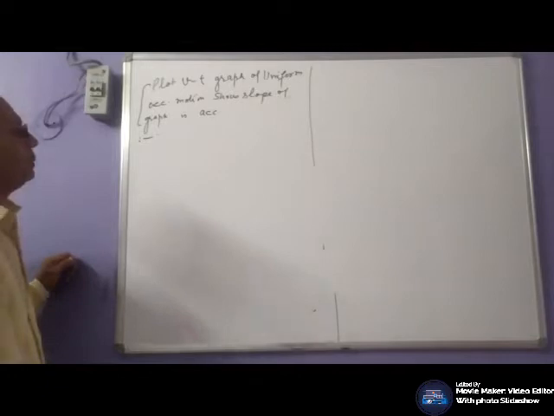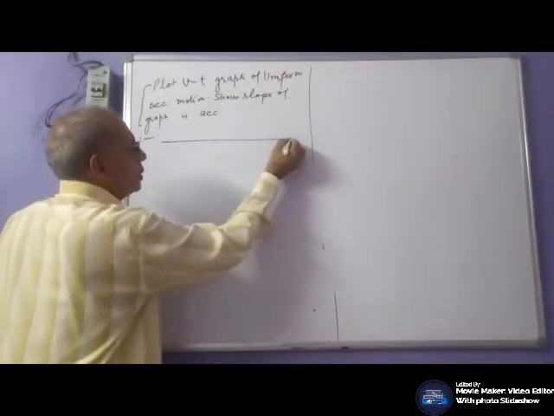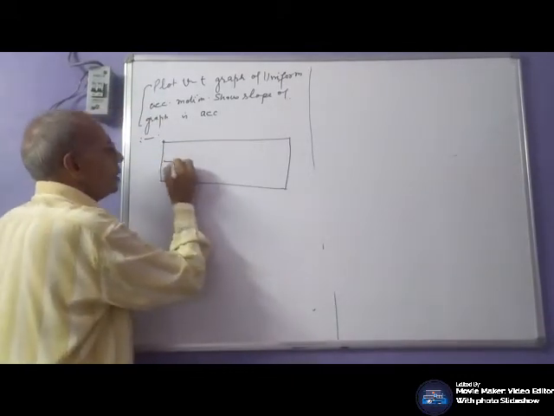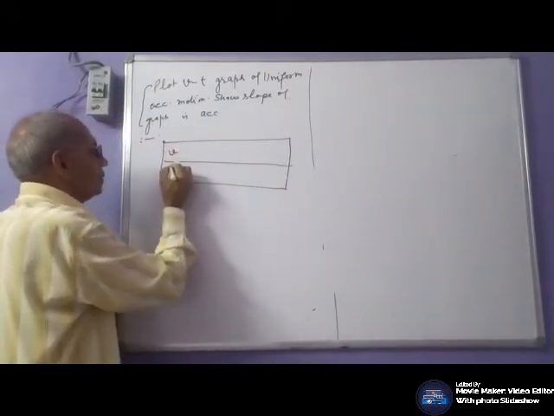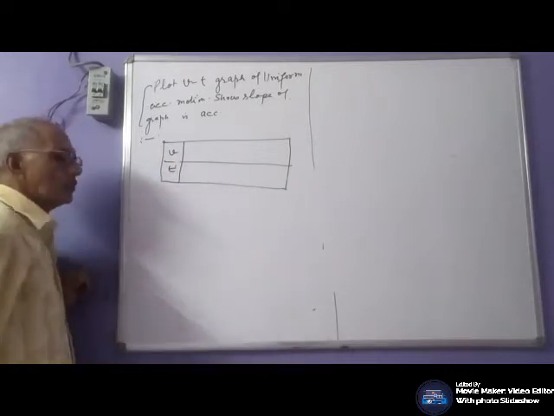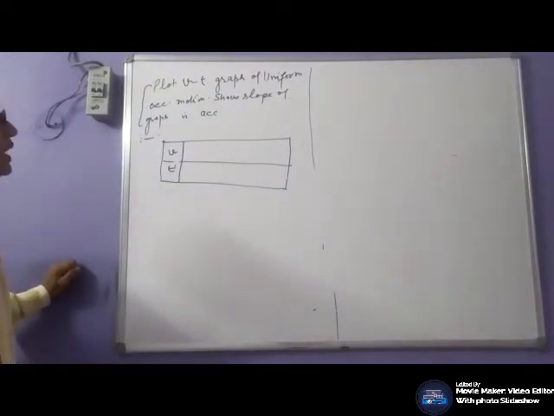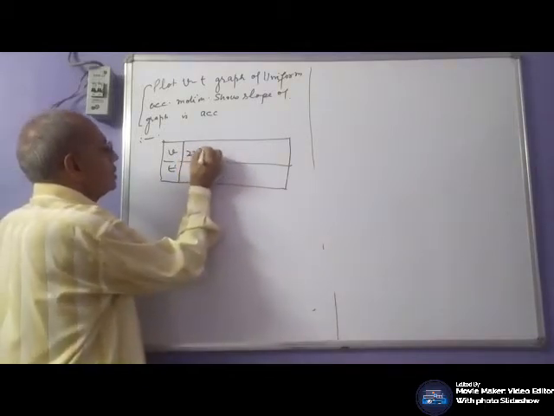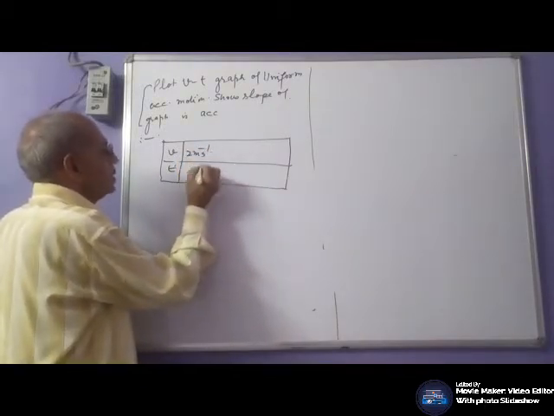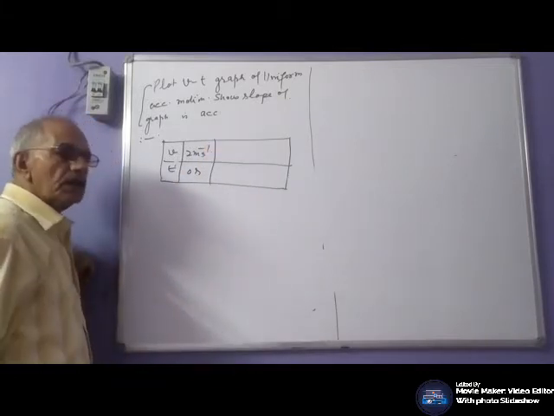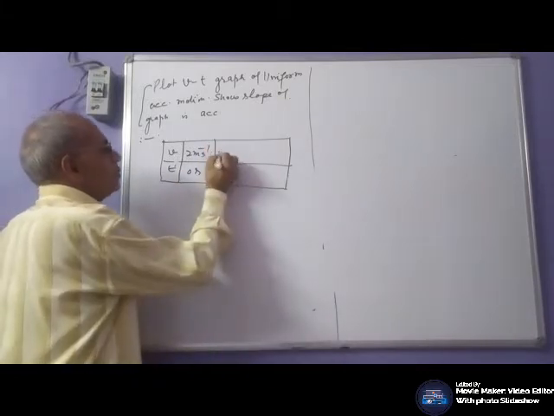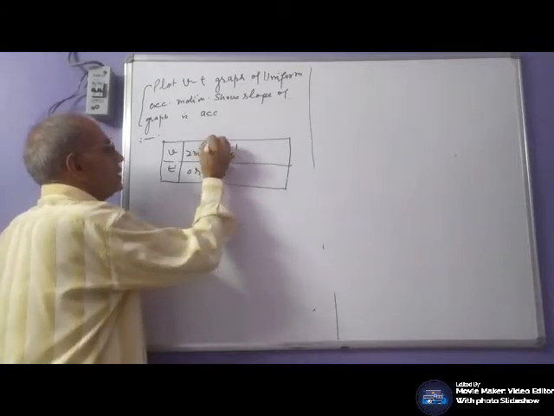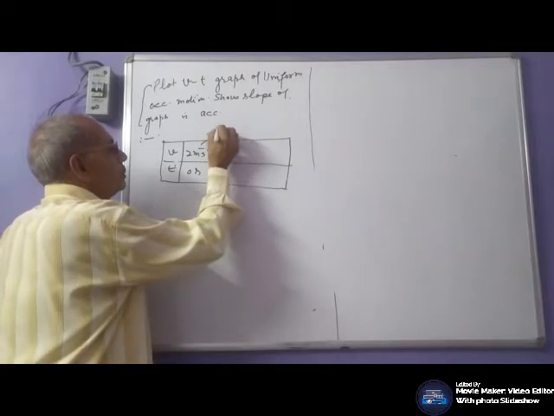So first make a table. What is the graph? VT graph. Make a table of velocity and time. Write one velocity, say it is 2 meter per second at 0 second. Increase velocity, say it is 4 meter per second at 1 second. The increase is 2 meter per second.